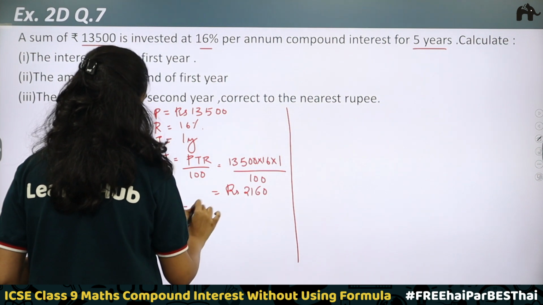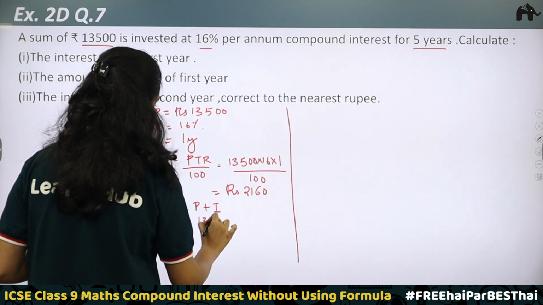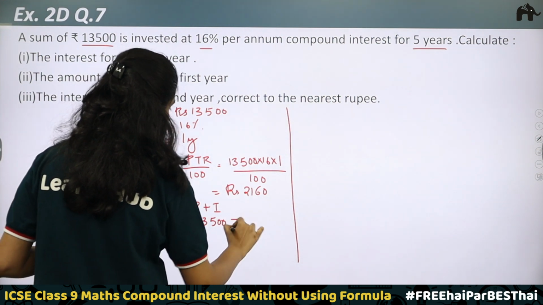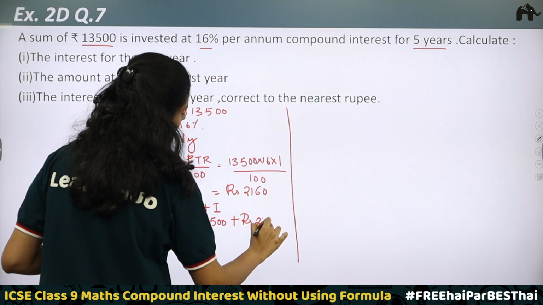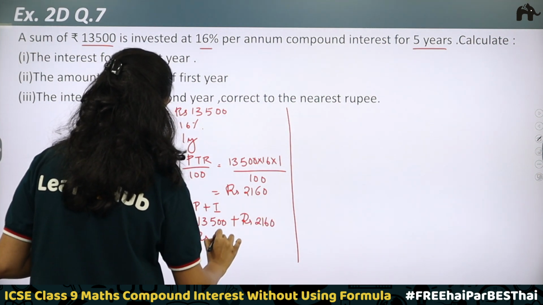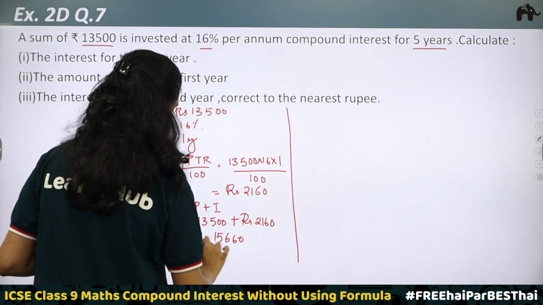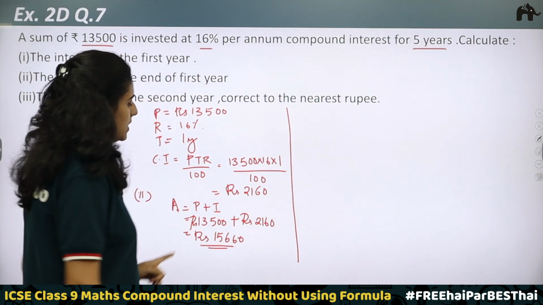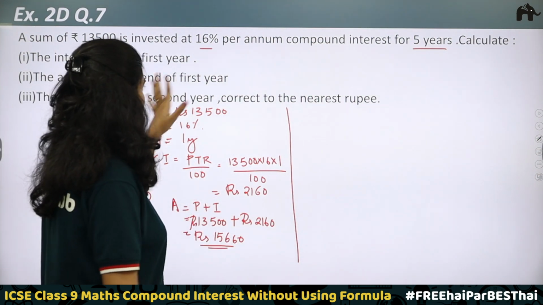What is amount? Amount will be principal plus interest. Here the principal is 13,500 plus the interest is rupees 2,160. So, on adding you get rupees 15,660. Okay, rupees 15,660 is the amount at the end of first year.